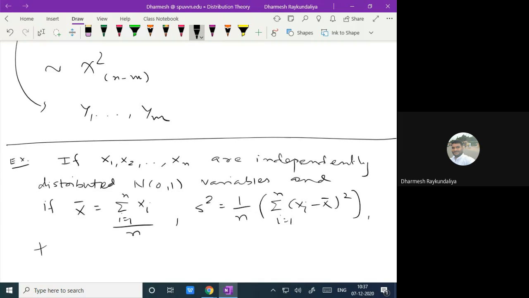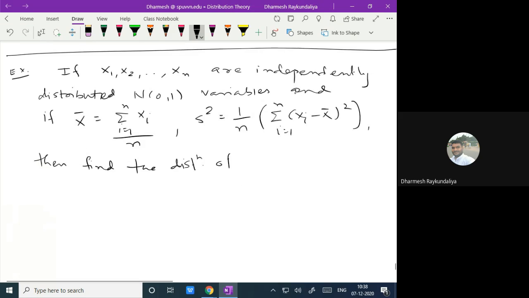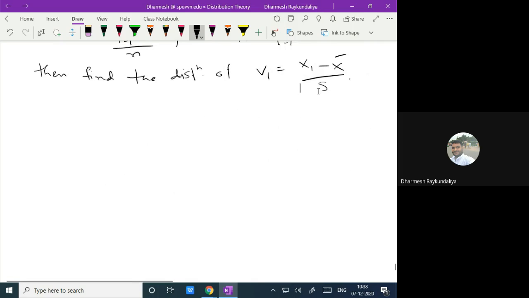then find the distribution of v1, that is, x1 minus x bar upon s. So if I am interested in finding the distribution of x1 minus x bar upon s, we use the properties of transformed variables.